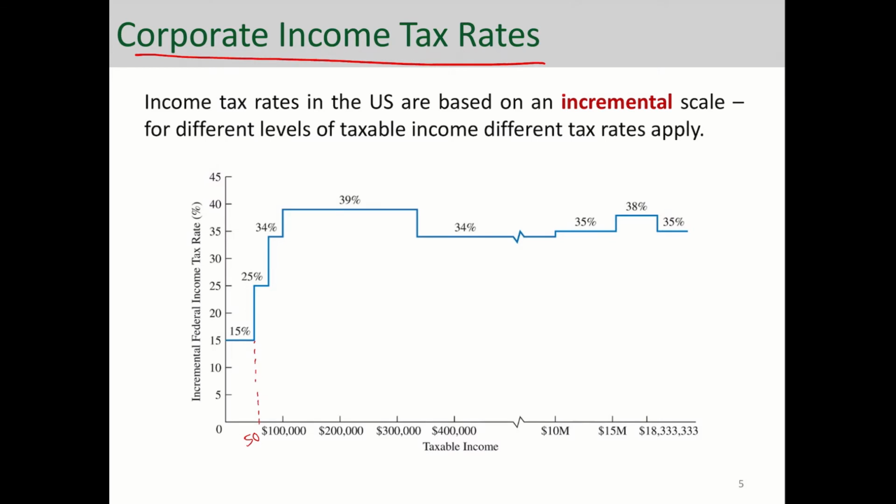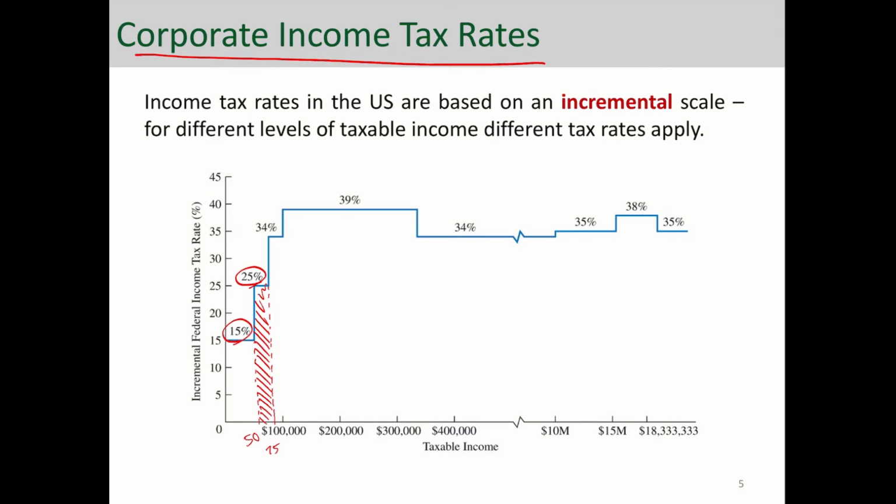And then for $50,000 to $75,000 in that range, you're going to pay 25% federal income tax rate. And that is only going to be applied to the income that you made in that range. So for the first $50,000 of the income, you're only paying 15%.